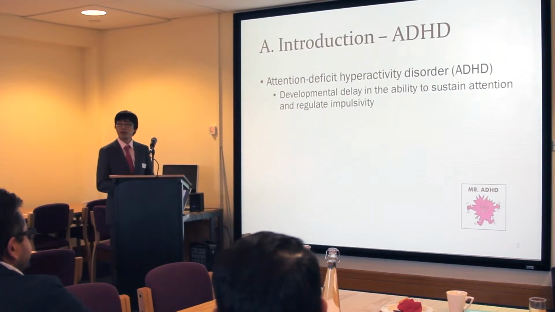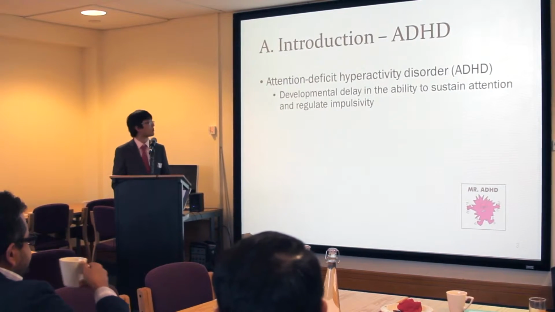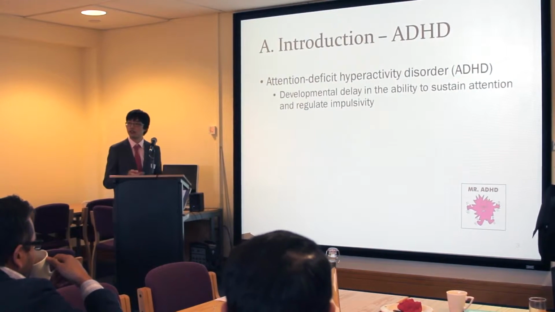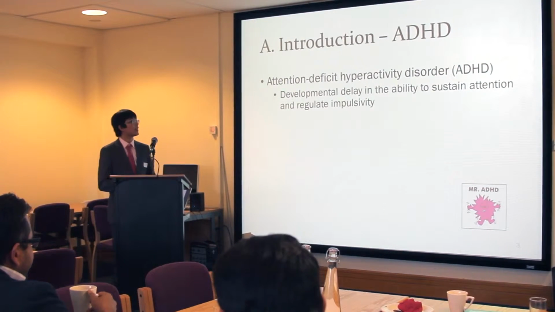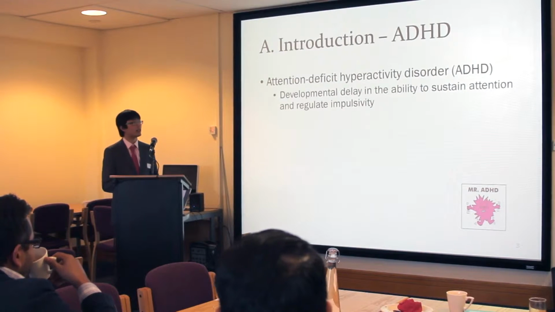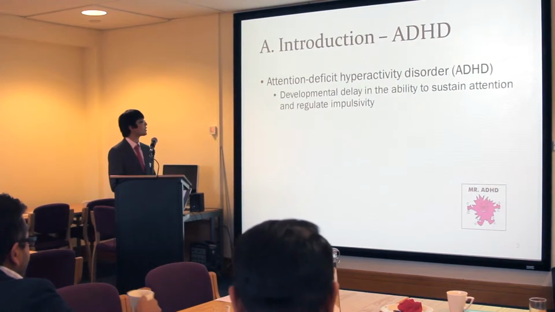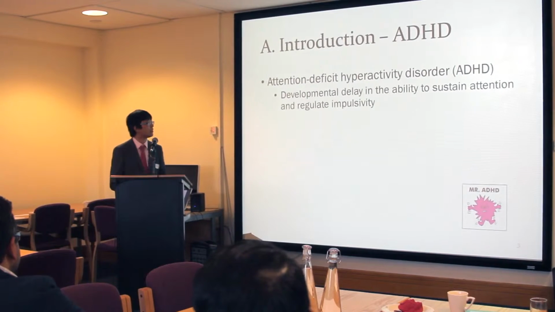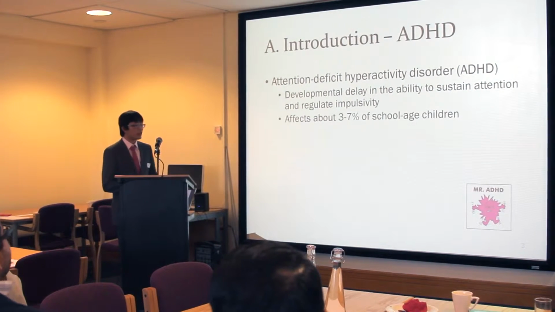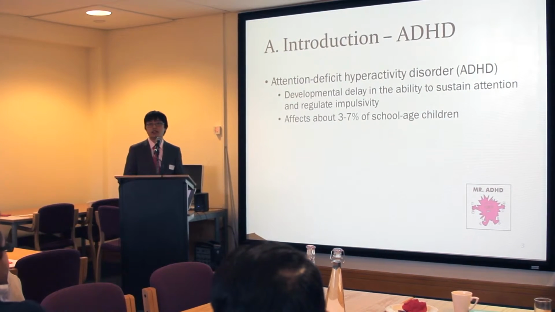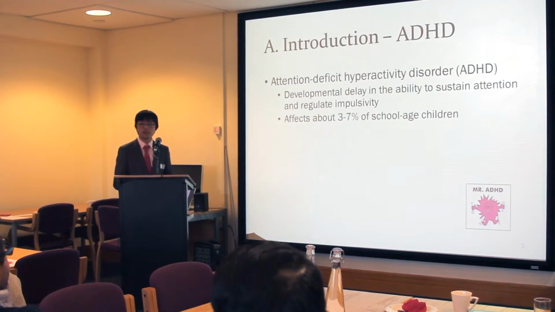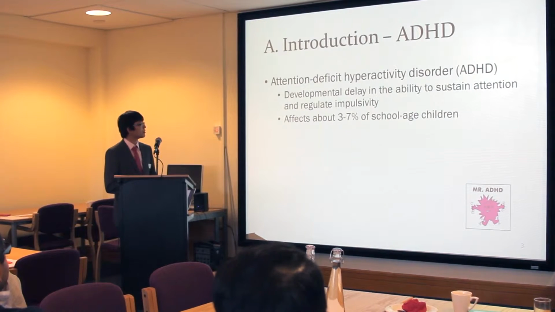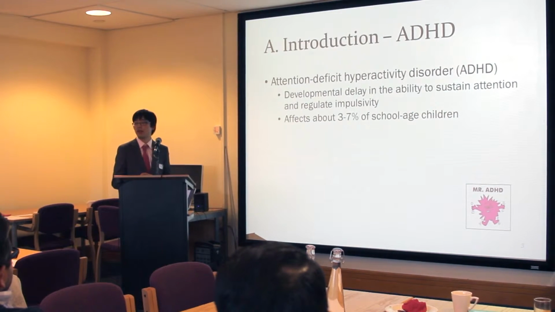Attention deficit hyperactivity disorder is a syndrome characterizing developmental delay in one's ability to sustain attention and regulate impulsivity or hyperactivity. This condition affects 3 to 7% of school-age children, and this affects their learning. That's why we want to look into how best to treat them.